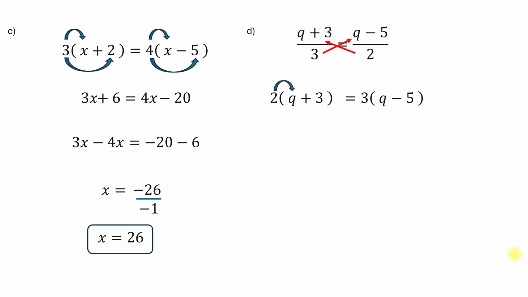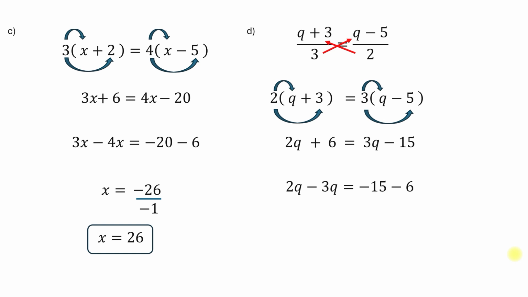2 times q is 2q. 2 times 3 is 6. 3 times q is 3q. 3 times negative 5 is negative 15. We'll bring all the q's, all the variables, over to the left, so that 3q will become a negative 3q.